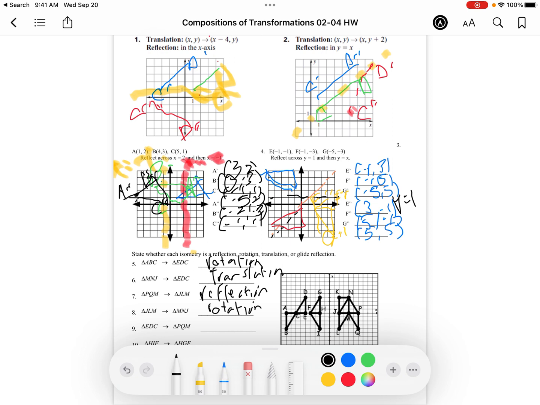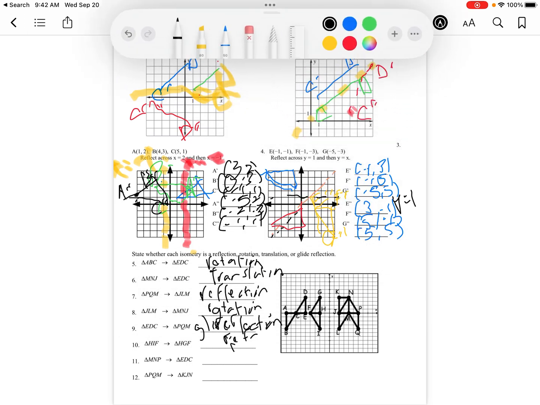Now technically 9 is a glide reflection, a glide, so it moves then reflects. This is a composite, if you put glide reflection, if you put just reflection, that's fine, but understand that it glides first. And the next two are reflections. I'm not sure I can go any further than that. There we go, reflection. And a glide reflection for the last one.